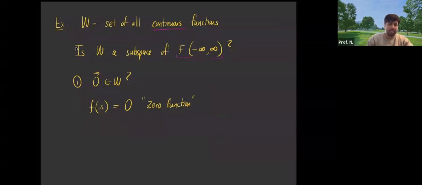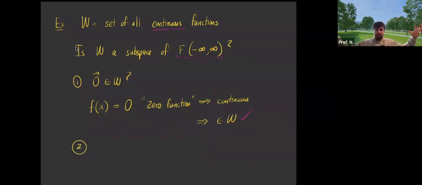So yes, this is always continuous, obviously. So if it's continuous, then yes, this is in W. Do you guys see this? You have to expand your brain a little bit more. Okay, good. So the zero function is inside my subset W because it is continuous.